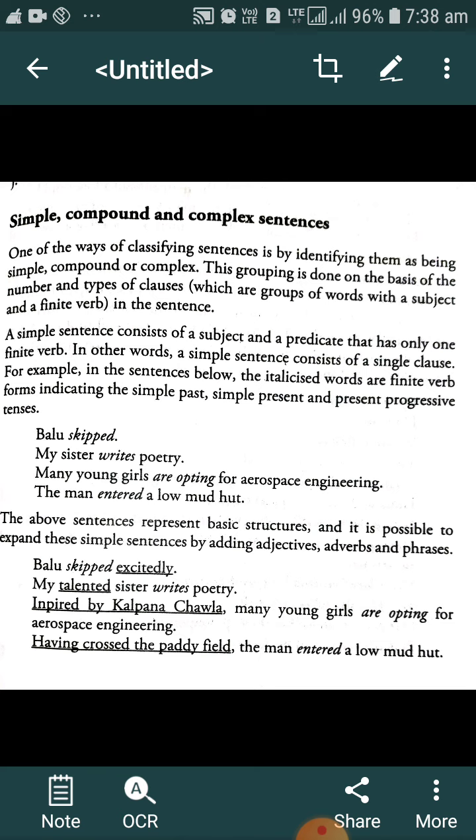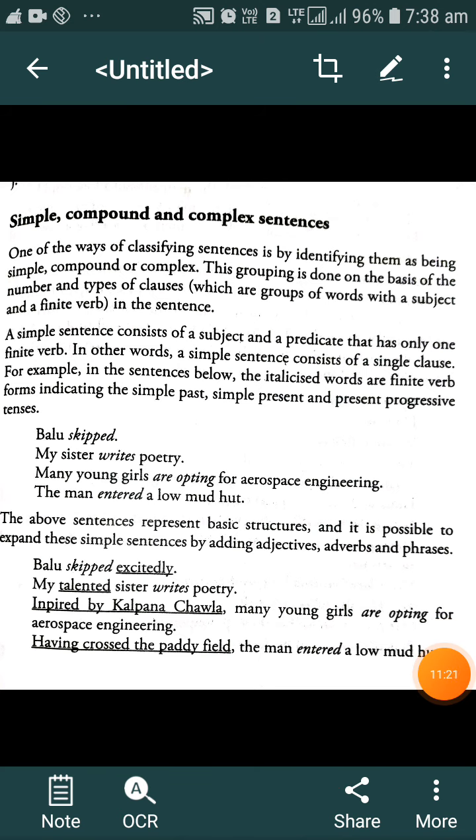We cannot change this infinite verb. We can change the basic structure, meaning entered. We can make it entering. We can make it will enter. Such types of changes can happen in a finite verb, but such changes do not happen in an infinite verb.